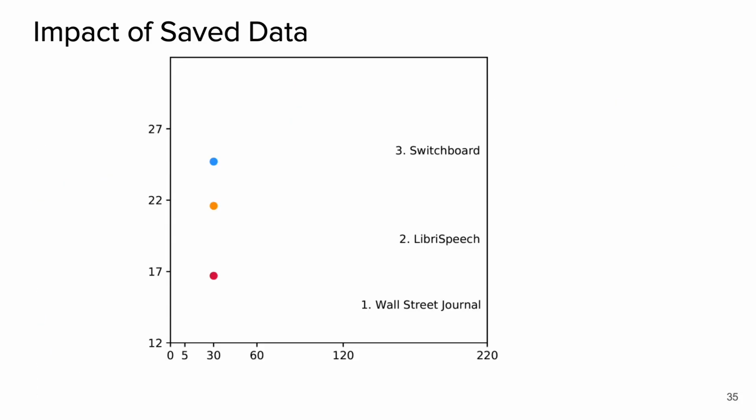Furthermore, we investigated the impact of saved data. The horizontal axis is the amount of saved data for GM, and the vertical axis is the word error rate. The red, orange, and blue points here are respectively error rates evaluated on Wall Street Journal, Liberty Speech, and Switchboard.